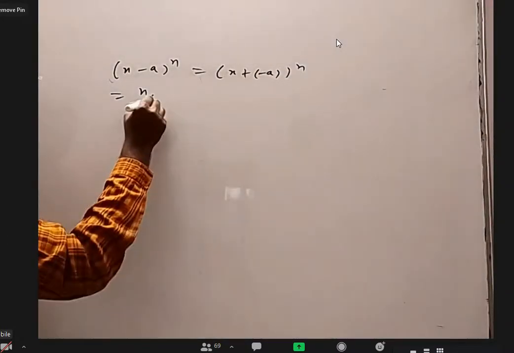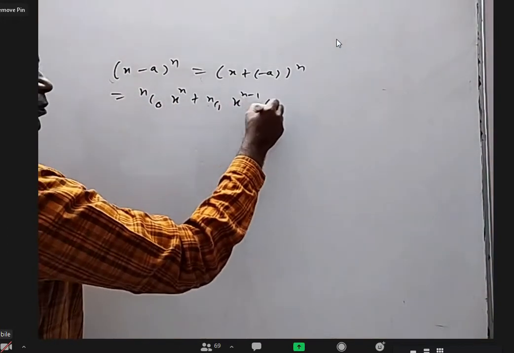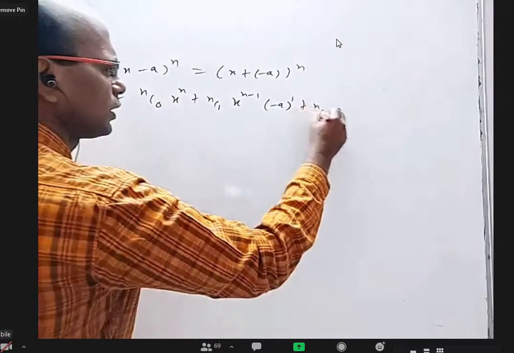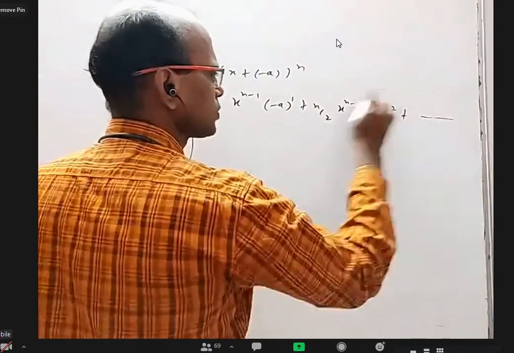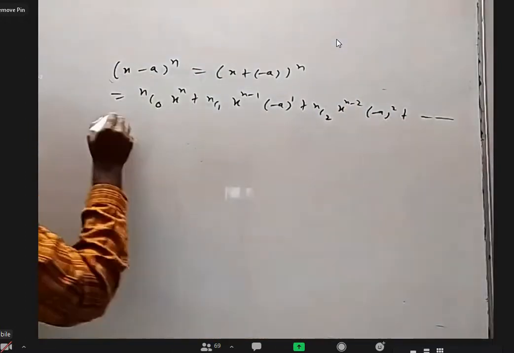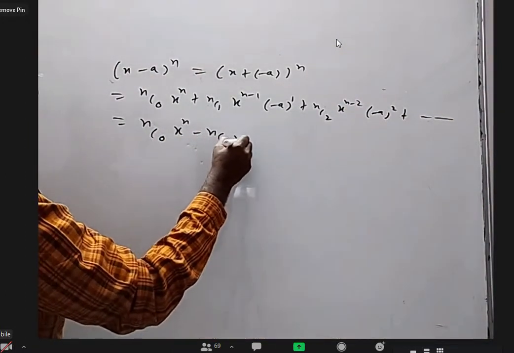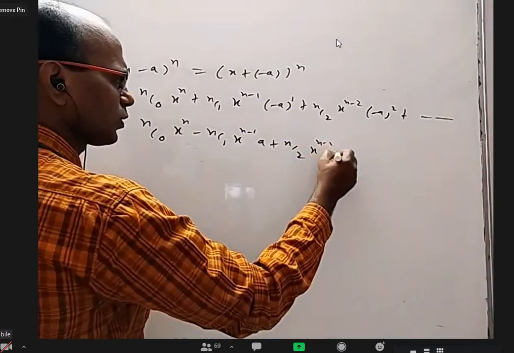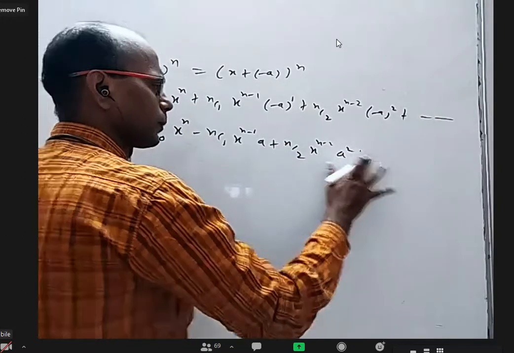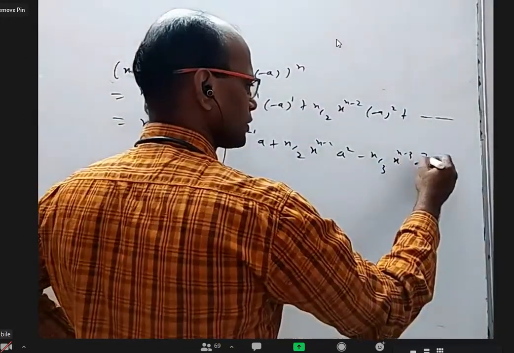Very simple. nC0 x power n, nC1 x power n minus 1 into minus a power 1, nC2 x power n minus 2 into minus a whole squared, and so on. As simple as that. But if you want, you can write nC0 x power n minus nC1 x power n minus 1 into a plus nC2 x power n minus 2 into a squared minus nC3 x power n minus 3 into a cubed.